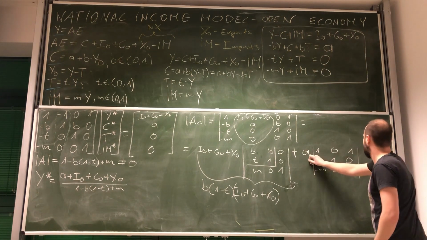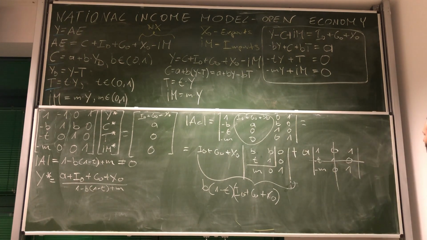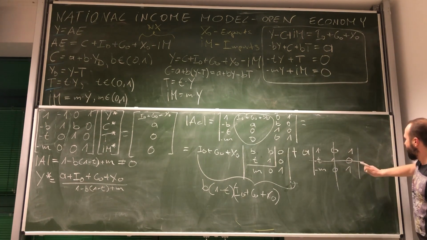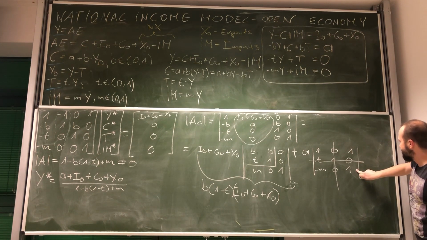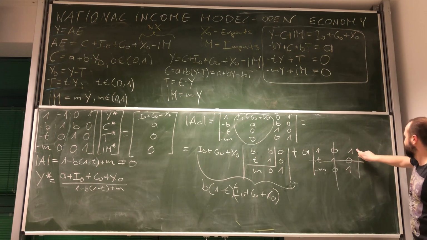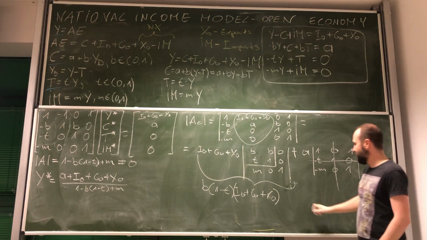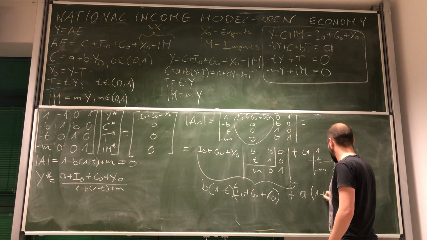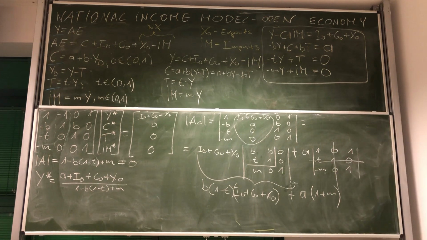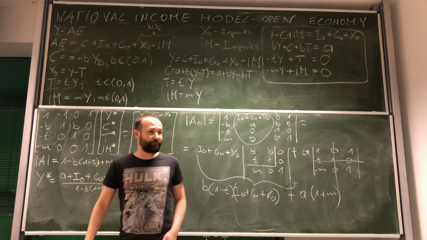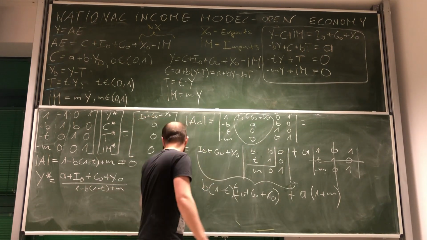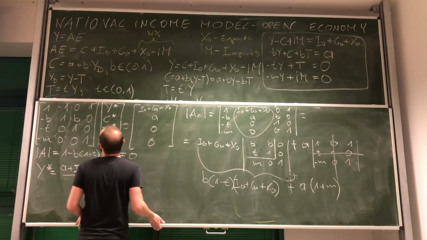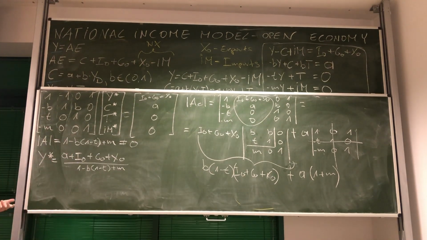And over here, expansion by this element will reduce it into 1 plus M. So we've got here plus A times 1 plus M. And this is of course the result we had previously, so no surprise over here.